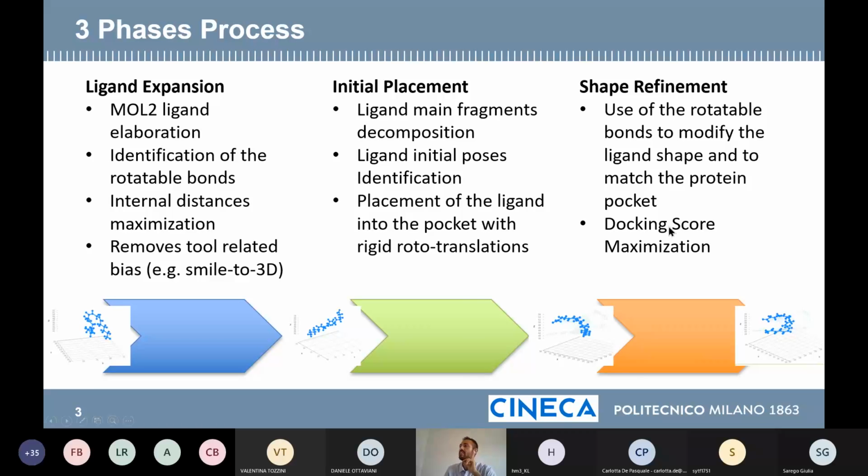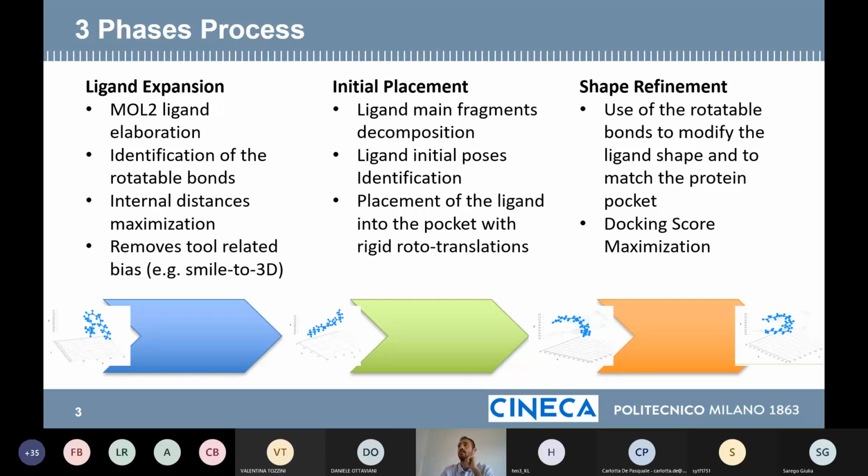Then there is the third part, that is the shape refinement, which means once you find the optimal initial placement, you modify the rotatable bonds in order to, again, reshape the ligand and match, as much as possible, the protein pocket, the pocket of your target. And at the end there is docking score maximization.